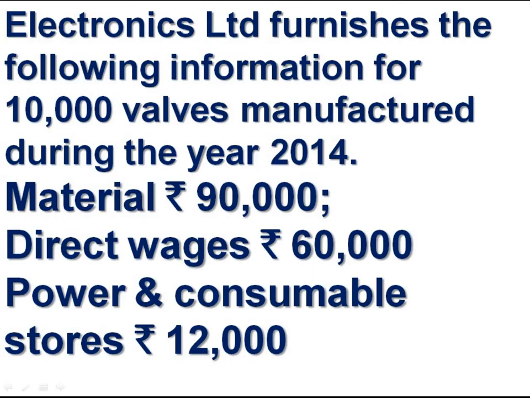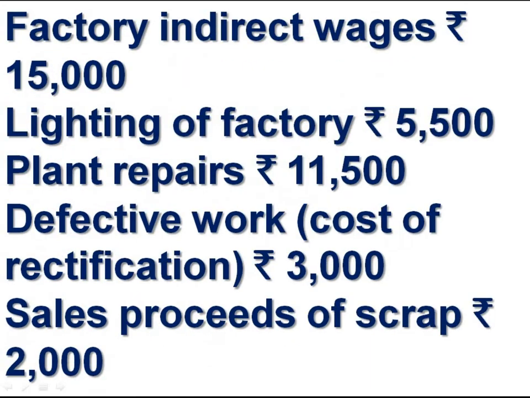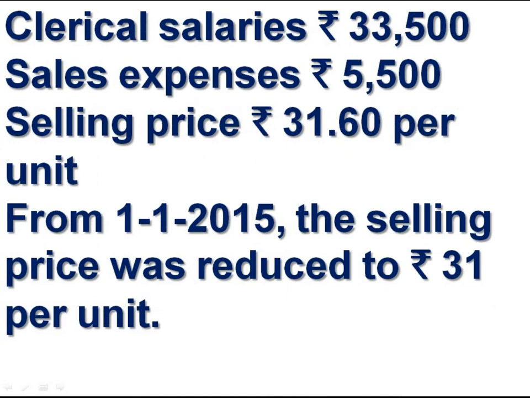Electronics Limited furnishes the following information for 10,000 watts manufactured during the year 2014: material, direct wages, power and consumable stores, factory indirect wages, lighting of factory, plant repairs, defective work cost rectification, sale proceeds of scrap, clerical salaries, sales expenses, and selling price rupees 31.6 per unit.